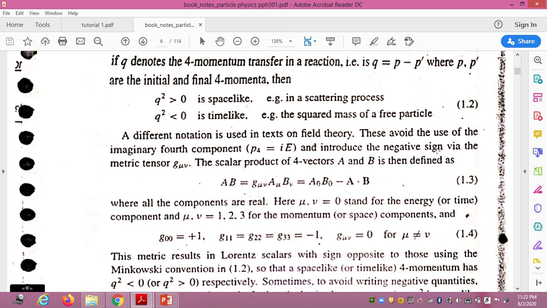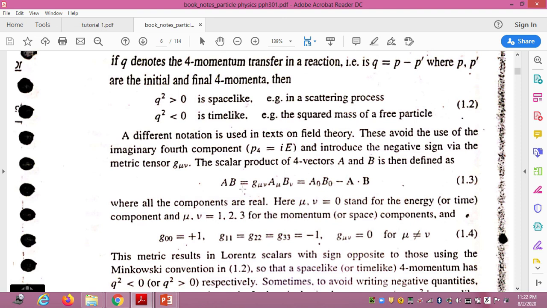That means we can have a different kind of notation whereby this imaginary part can be removed by introducing a negative sign and a metric tensor, g mu nu. This is again a tensor in the form of a matrix, and it can be introduced so that the imaginary component of energy can be removed.